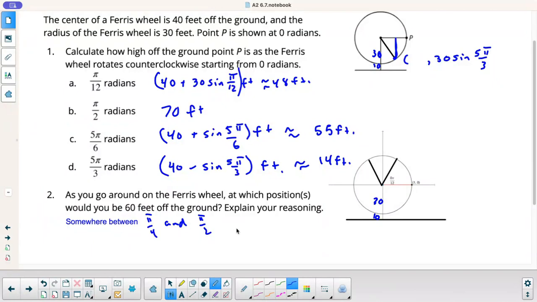But then we'd also have another one somewhere between pi over 2 and 3 pi over 4.